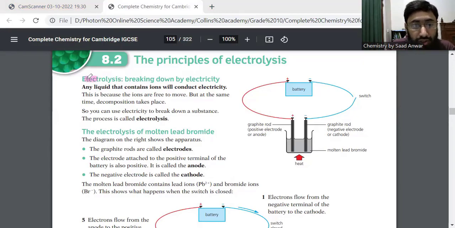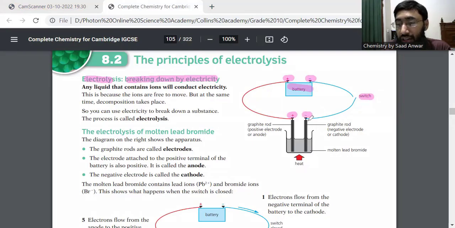What electrolysis is: the breaking down by electrolysis. This is a battery, this is a switch, and these are two electrodes. The electrode connected to the positive terminal of the battery gets positive charge, and the electrode connected to the negative terminal gets negative charge.